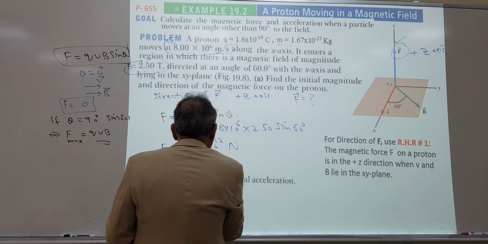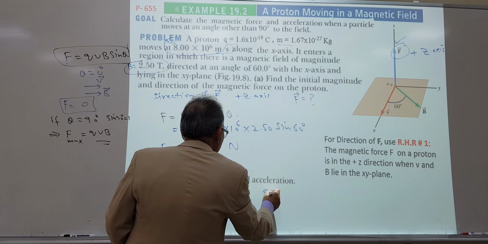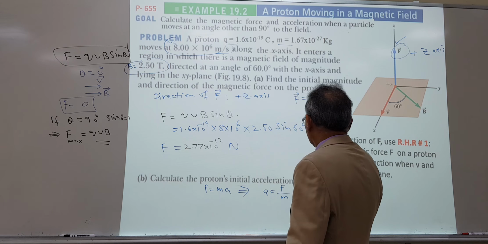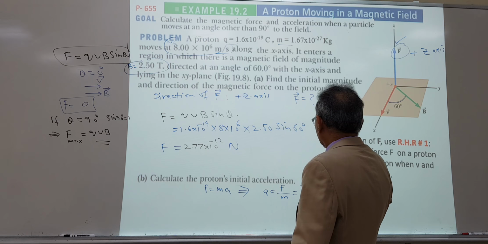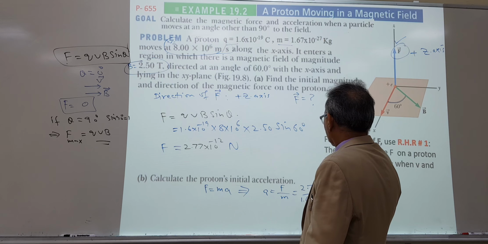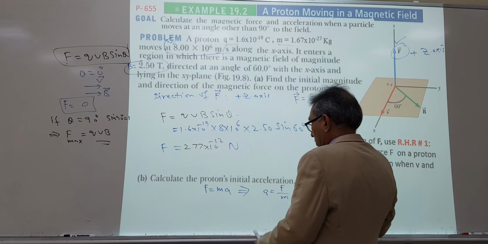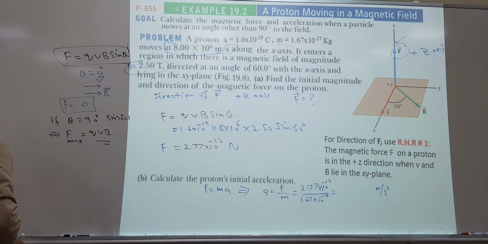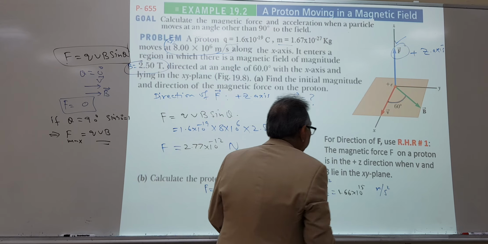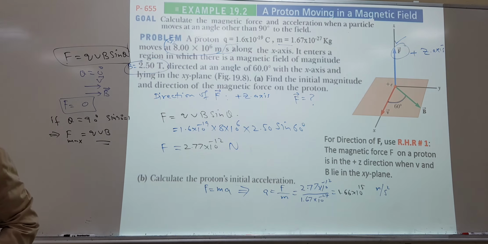We have Newton's second law of motion, F is equal to ma, so it would give you a is equal to force, which is the magnetic force, of course, over the mass of the proton. So you would get the acceleration 1.66 times 10 to the 15 meter per second square.